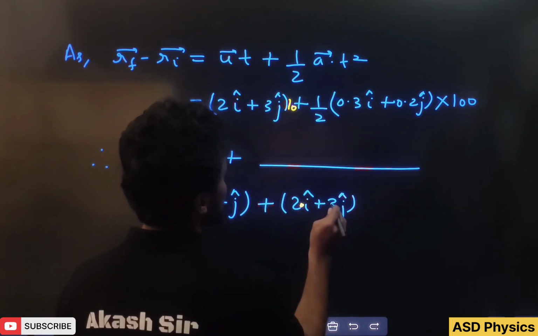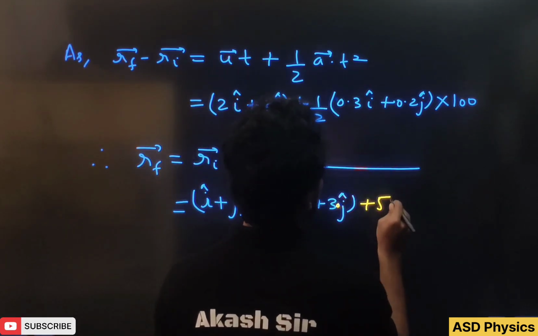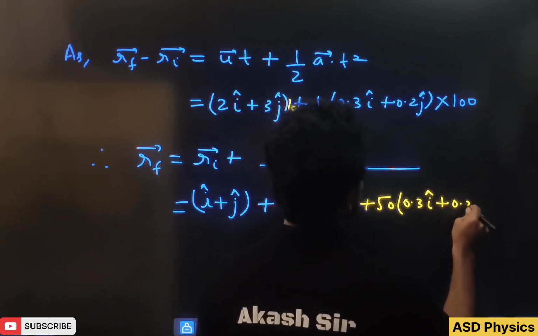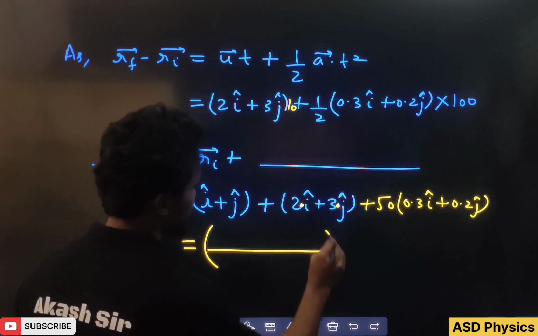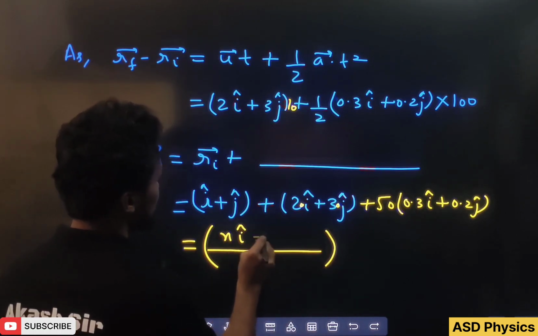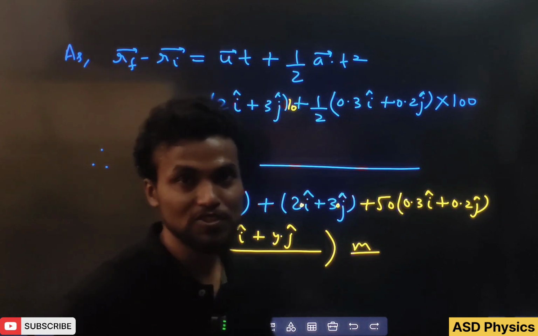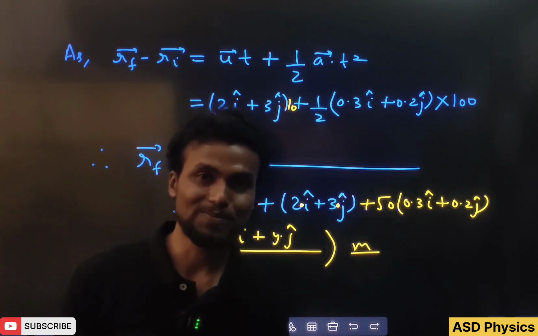So it will become 20i cap and 30j cap. And this will become 100 by 2, 50, times 0.3i cap plus 0.2j cap. So you have to simplify this. You will get the answer in i cap and j cap form, meter. So students, I hope you have understood all these things very well. Thank you so much. Take care.